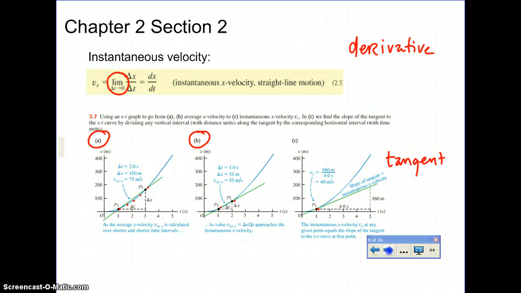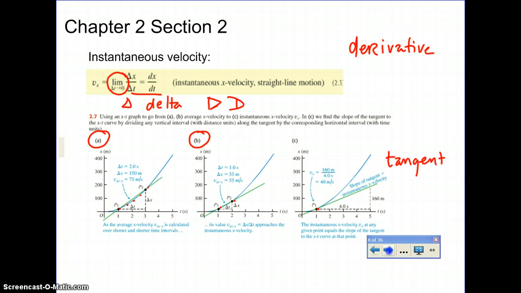But essentially, this notation right here describes this change in thought from what is a limit versus what is a derivative. Remember, this triangle actually is the Greek letter delta, and it's actually a capital D. In fact, if you turn that triangle on its side, it looks like the capital D that we use today.